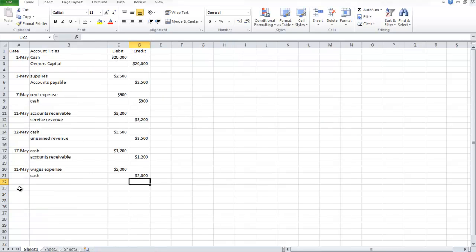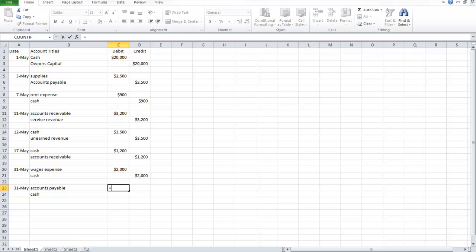And the last transaction on the 31st is that we paid 60% of the balance due to Tenio Company, which was May 3rd. So we paid 60% of that transaction. So if you notice on May 3rd, it was an accounts payable for supplies that we now debit because we're paying off part of that $2,500 bill, and we credit cash.